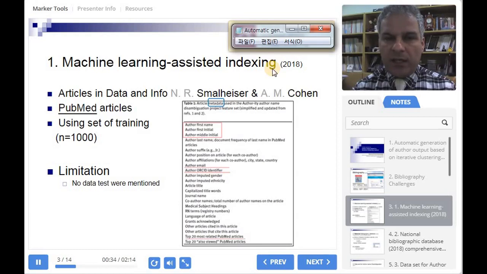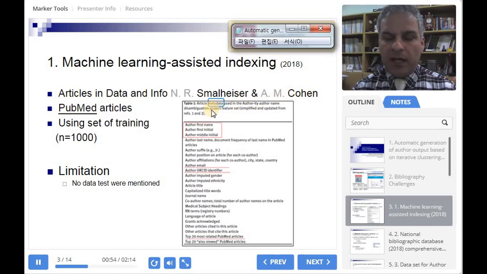This article, presented in Data and Info Journal in 2018, provided by Dr. Cohen, is a guideline to use metadata for searching.